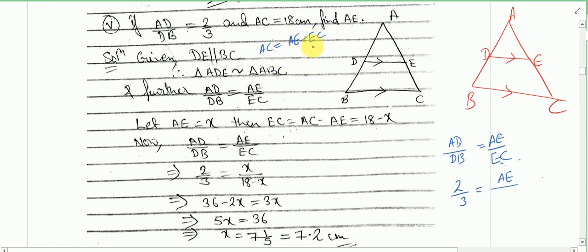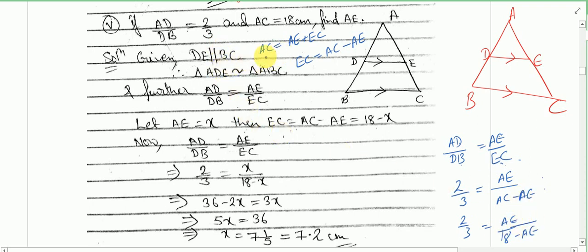So using this, EC will be equal to how much? AC minus AE. So here we can write AC minus AE. Now we can substitute the value for AC. AC is how much? 18. Now you simplify and you can get the value for AE.